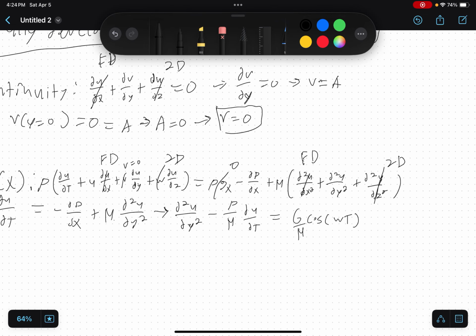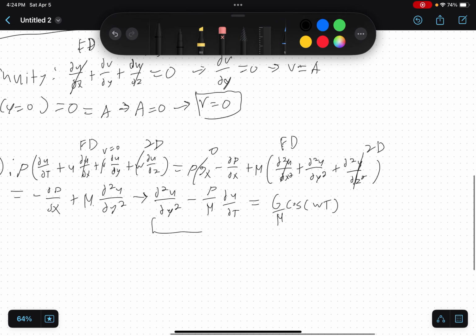So we got some interesting stuff here on the left-hand side and on the right-hand side. On the left-hand side, that's the homogeneous part. So u homogeneous is a function of y and t.